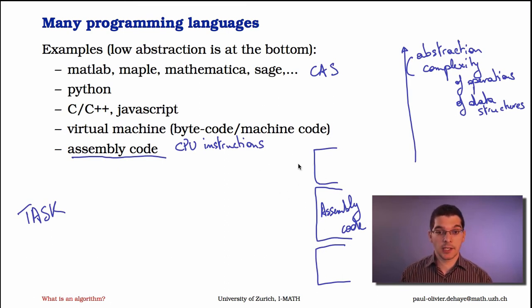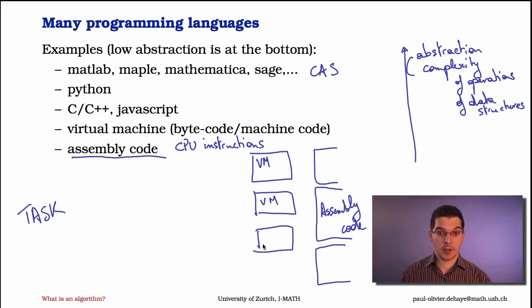But to help deal with the fact that there are many different assembly codes, people have invented what's called virtual machines. And again, there are many virtual machines that exist. Code that is written for a virtual machine is called bytecode or machine code. And what is a virtual machine?